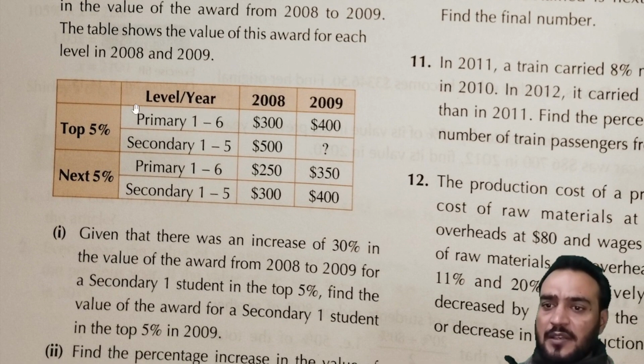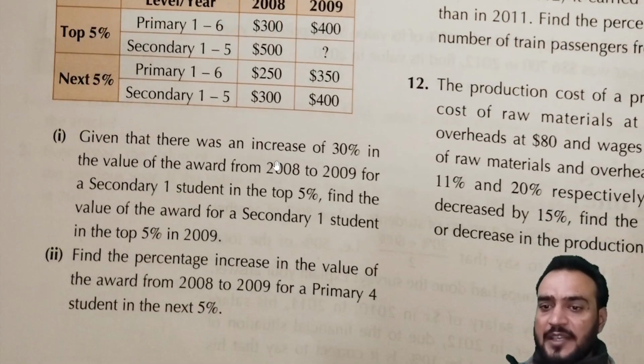These are the levels, level, year, top 5% and next 5%. So top 5% in primary, the scholarship was $300 in 2008 and $400 in 2009. We have to find this second one, the secondary 1 to 5 levels. $500 was the scholarship in 2008, and we have to find the scholarship in 2009.